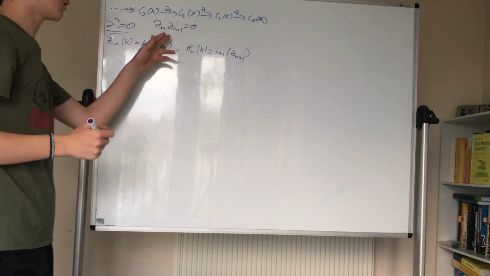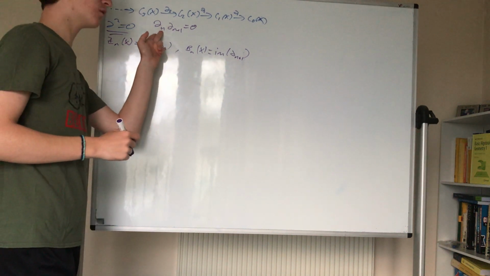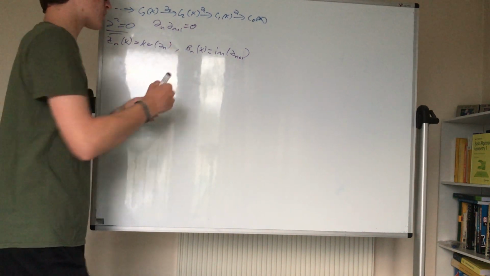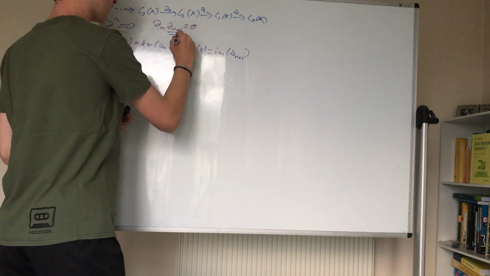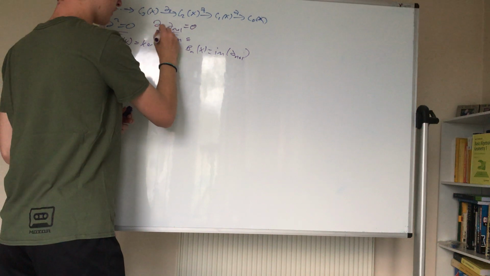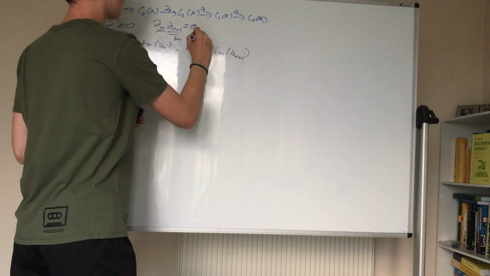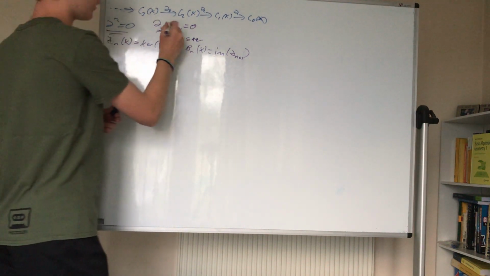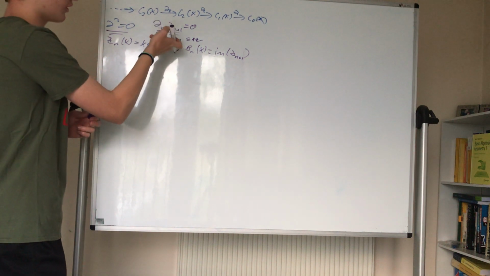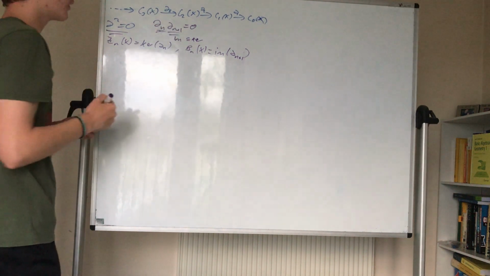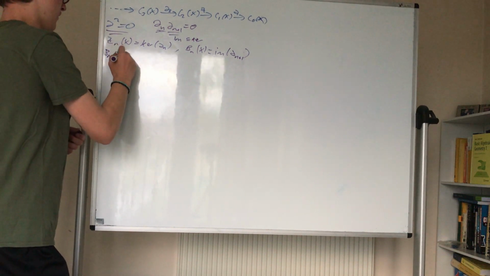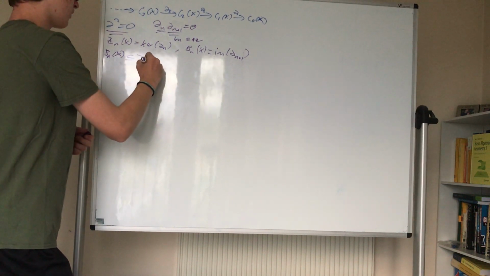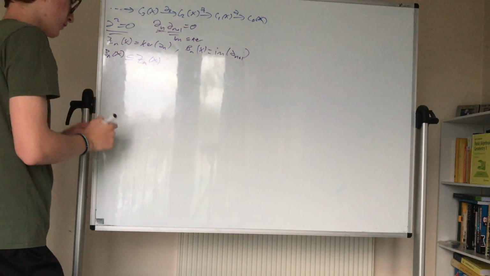Because of this, we have that the image of this map is a subset of the kernel of this one, because obviously all elements of this form just go to 0 in this map here. So we have that Bn of x is a subset of Zn of x.